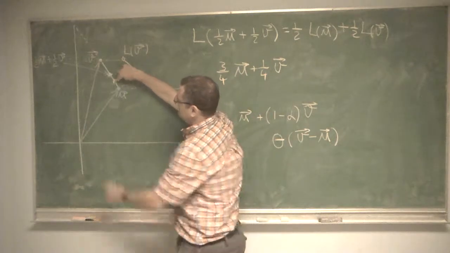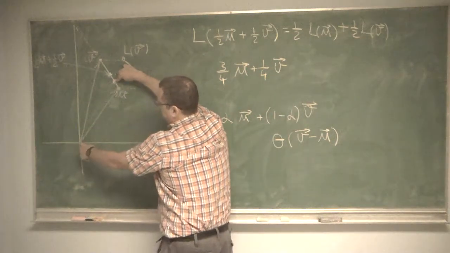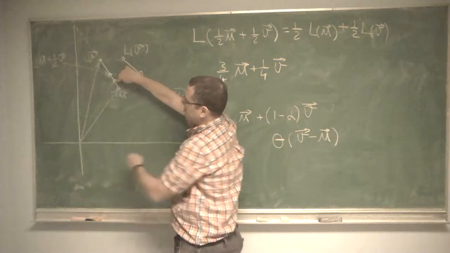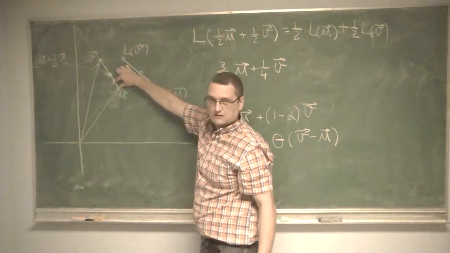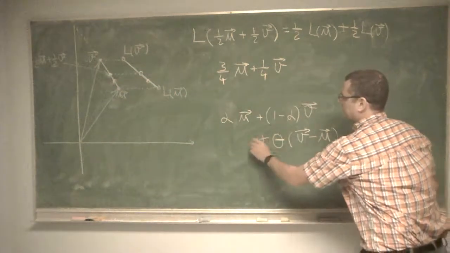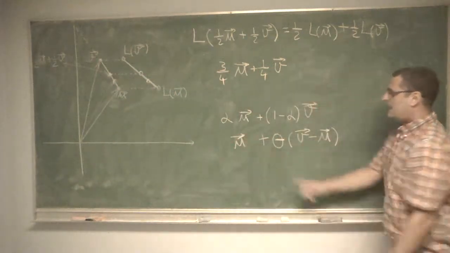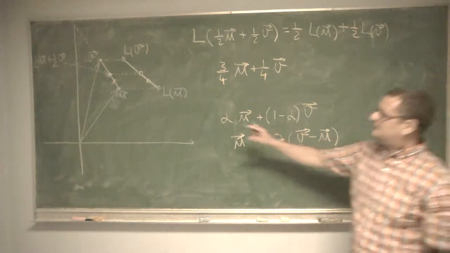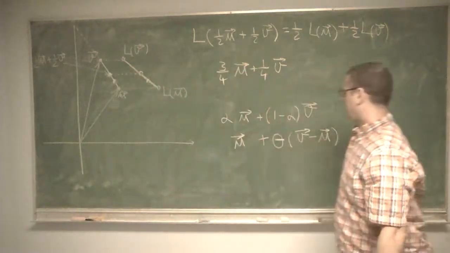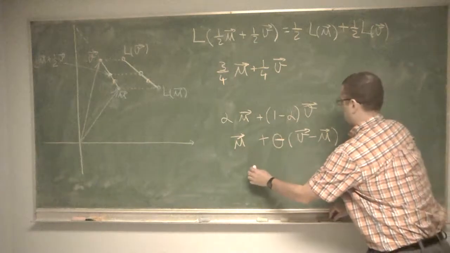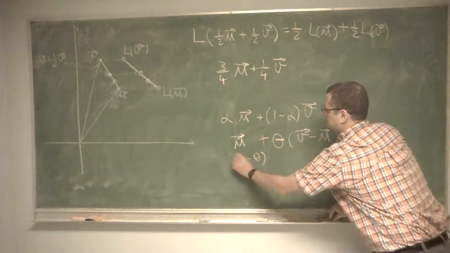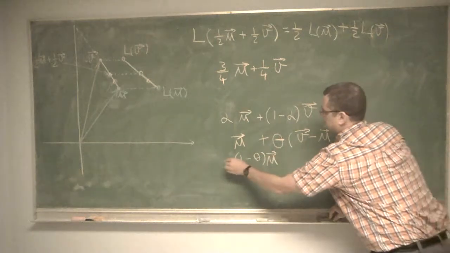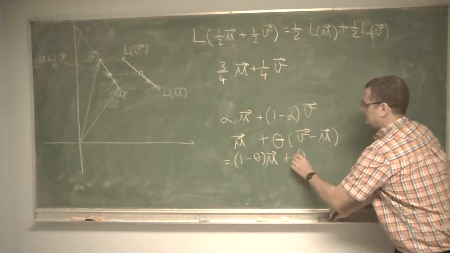And this point here, represented by the vector from the origin up to here, is actually the sum of vector u and this scalar multiple of v minus u. So if I add u, I get exactly this point here. And you see now when you simplify, this becomes 1 minus theta u plus theta v.